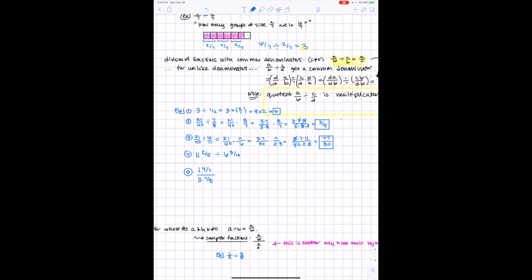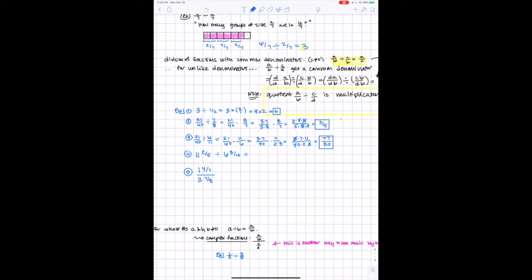And the reason is because I'm going to have to take a reciprocal. The reciprocal is nice and intuitive for an improper fraction, but when I have a mixed number, like I do here with 6 and 3/4, taking the reciprocal of that is kind of hard in this form. So since we're going to have to take the reciprocal, let's just go ahead and write these guys as improper fractions.